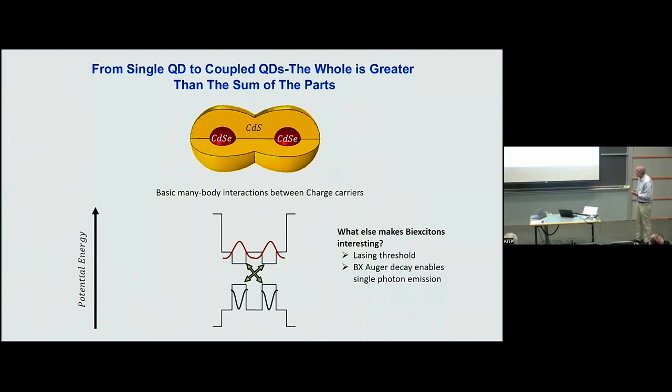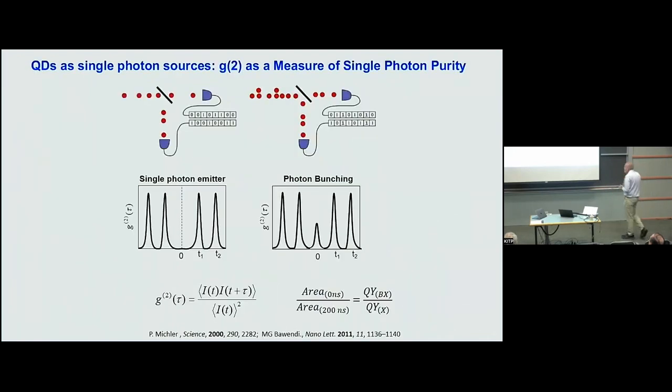How do you study biexciton? So at first level, we do it on a single particle basis. The classic way to prove if you have anti-bunching of photons is the Hanbury Brown-Twiss configuration. You have this beam splitter. This is the stream of photons coming, split into 2 avalanche photodiodes.